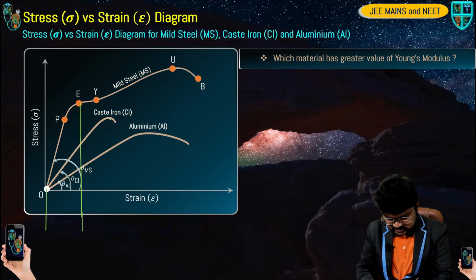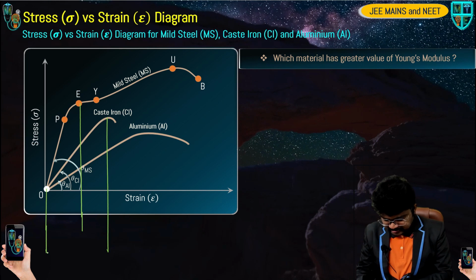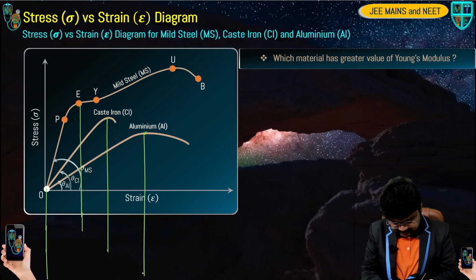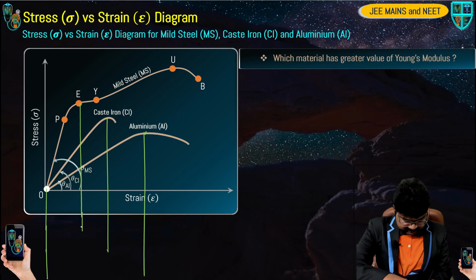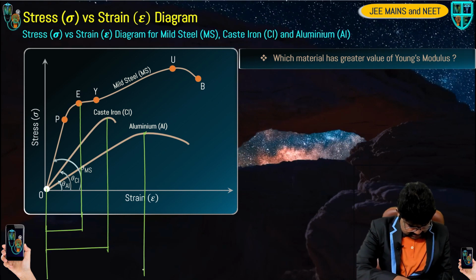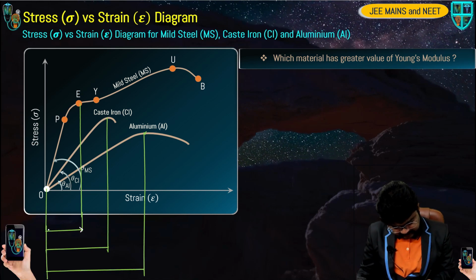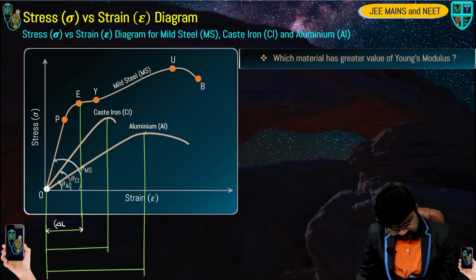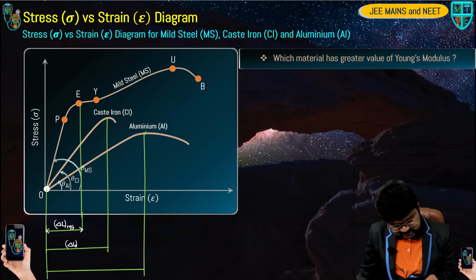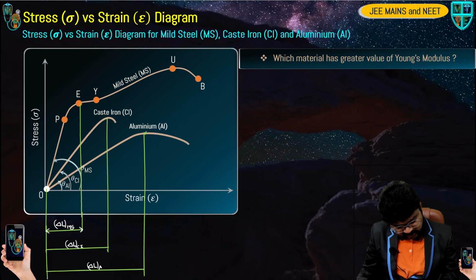From here to here is the elastic deformation of mild steel, the elastic deformation of cast iron, and the elastic deformation of aluminium.